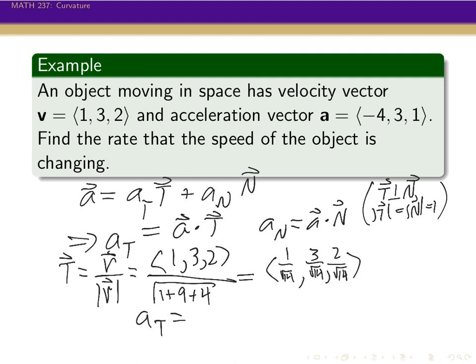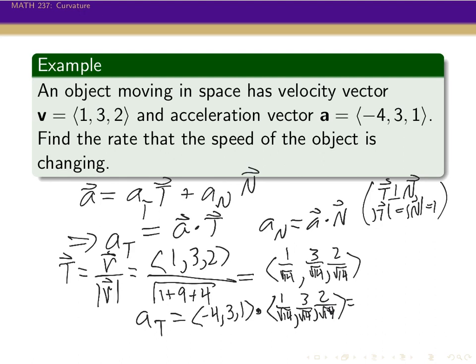a_T then is going to be what we get when we dot <-4, 3, 1> with the unit tangent <1/sqrt(14), 3/sqrt(14), 2/sqrt(14)>. And so what's this going to be?